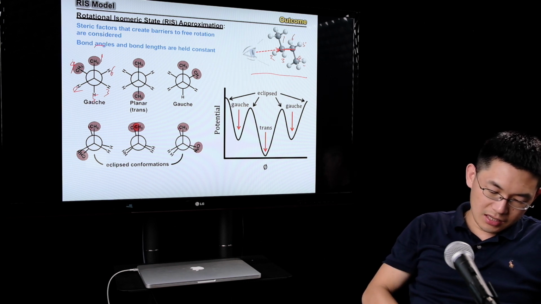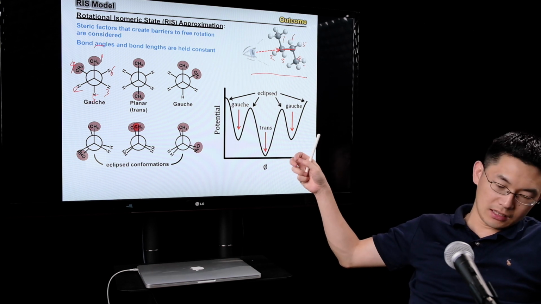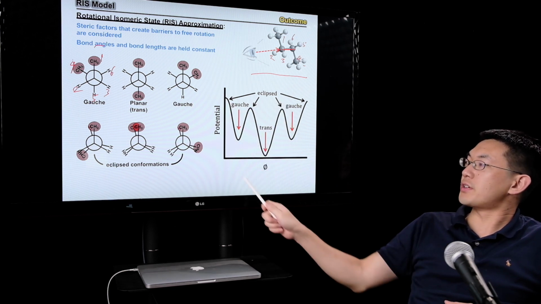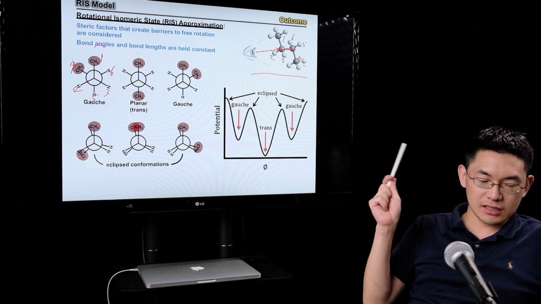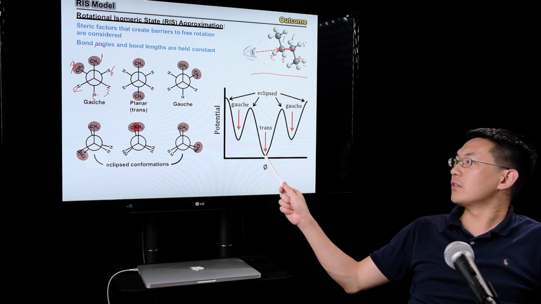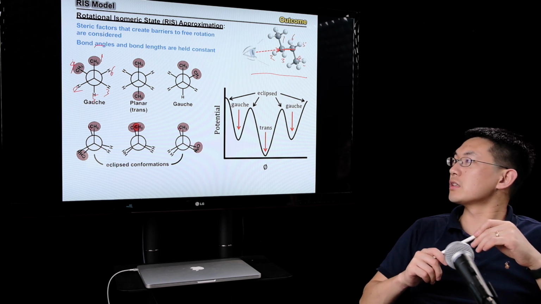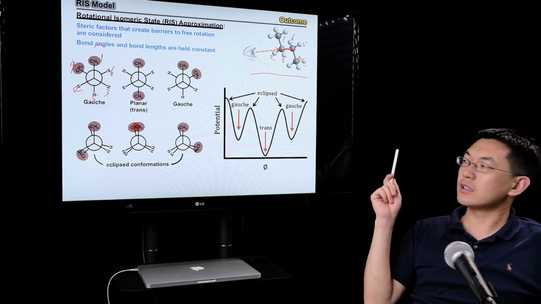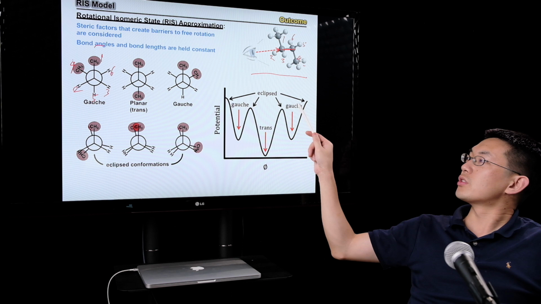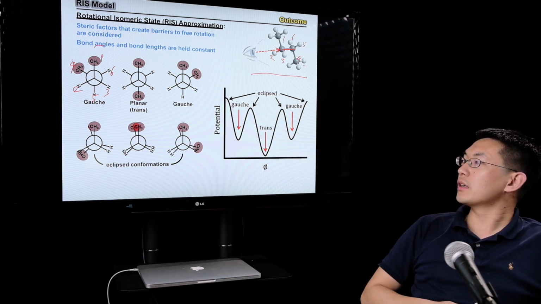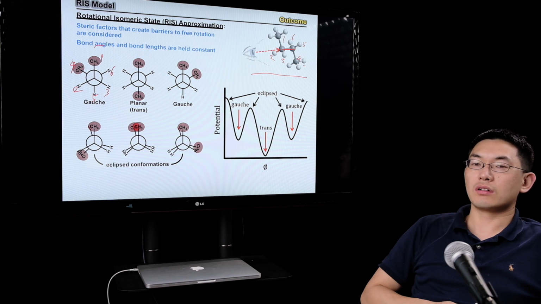And as you can see, this is nicely presented in this energy diagram. This plots potential energy versus bond angle. What this says is when the bond is in the trans state, when it's rotated at 120 degrees with respect to each other, it has lowest energy. Well, there are two gauche states. They also have increased energy, but also a local minima.